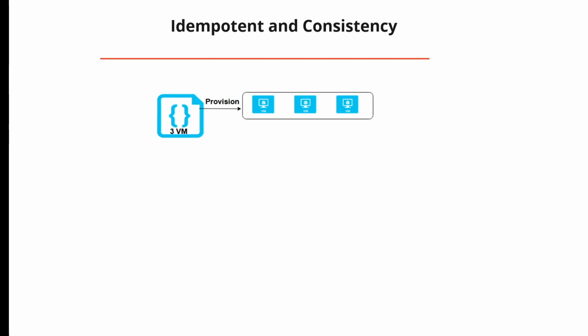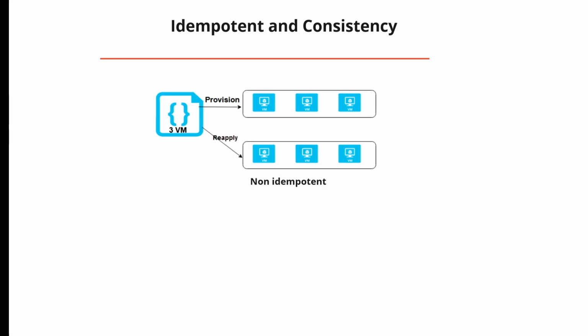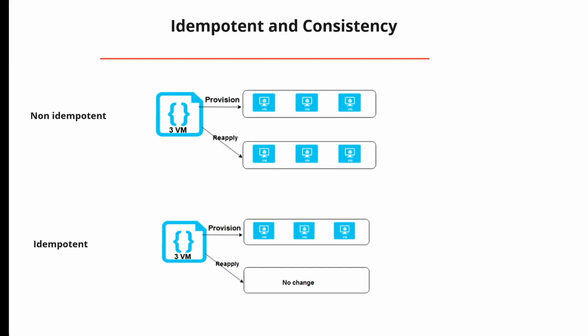Once you run the code, it provisions 3 VMs. And if you reapply the code and it still creates 3 more VMs, then it's non-idempotent. But in idempotent behavior, if you reapply the exact same configuration file without any change, then the second run is not going to create additional resources. Terraform is idempotent in the sense that if the code is not changed, then it's not going to do anything even if you apply the exact same configuration file.